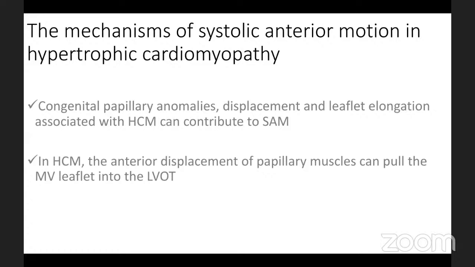So the mechanism of systolic anterior motion in hypertrophic cardiomyopathy: congenital papillary anomalies, displacement of the leaflet, and leaflet elongation associated with hypertrophy can contribute to SAM. In hypertrophic cardiomyopathy, there is anterior displacement of the papillary muscle and mitral valve leaflet into the LVOT.